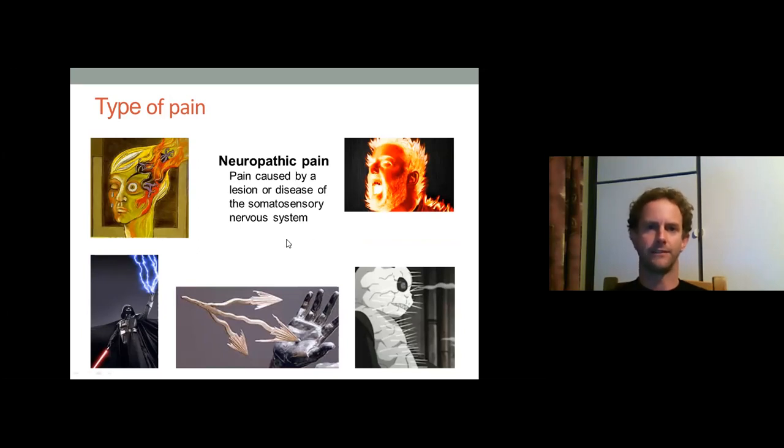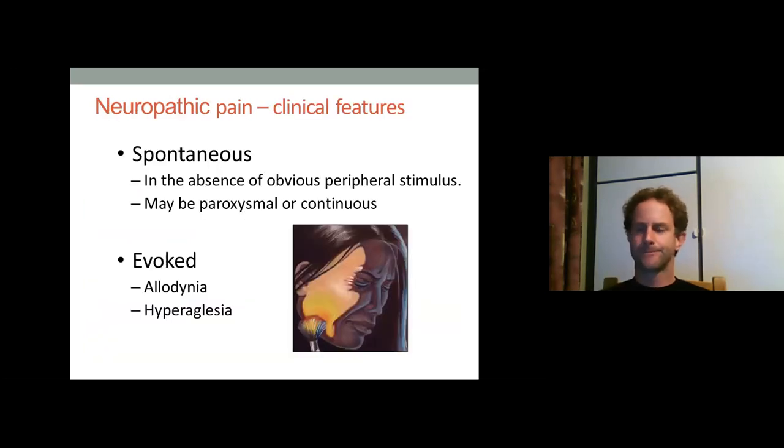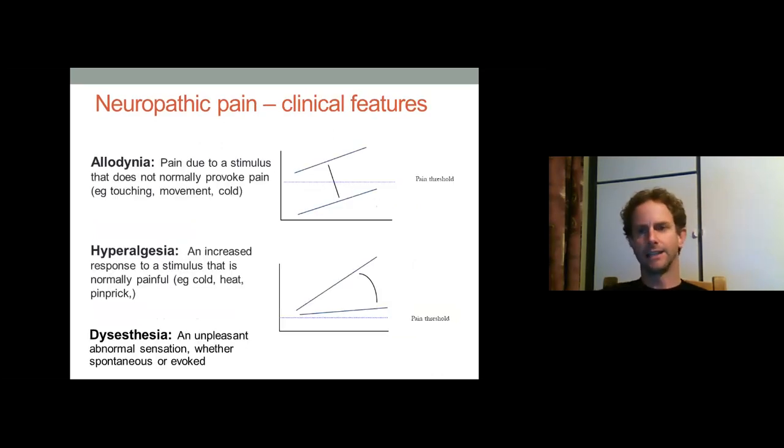So you can often have nociceptive pain with neuropathic pain and vice versa. They rarely occur in isolation. Neuropathic pain can be spontaneous or evoked. In spontaneous, there's no obvious peripheral stimulation, and that can be paroxysmal or continuous, whereas evoked is your symptoms of allodynia and hyperalgesia.